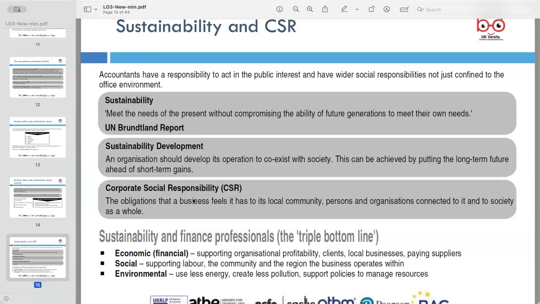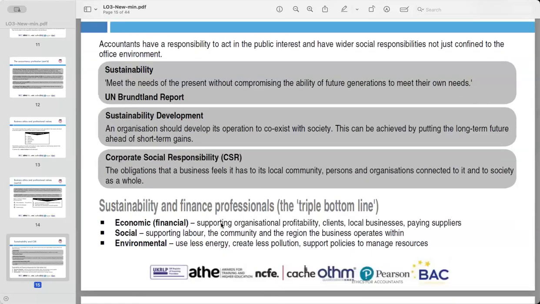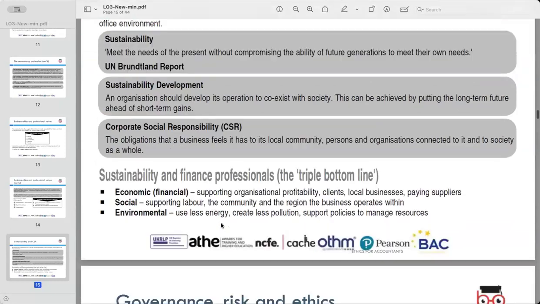By integrating sustainability and CSR initiatives into their operations, finance professionals play an important role in advancing society's well-being and ensuring the long-term viability of businesses. This approach aligns with the broader ethical principles of accountability, integrity, and responsibility, guiding professionals to act in the best interests of society while fulfilling their organizational roles.